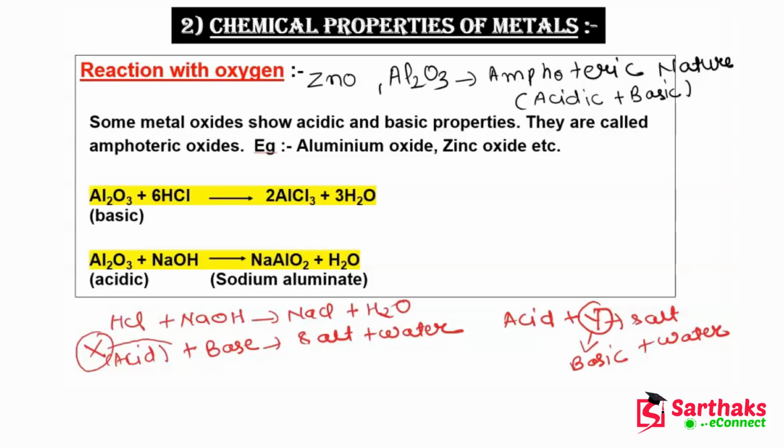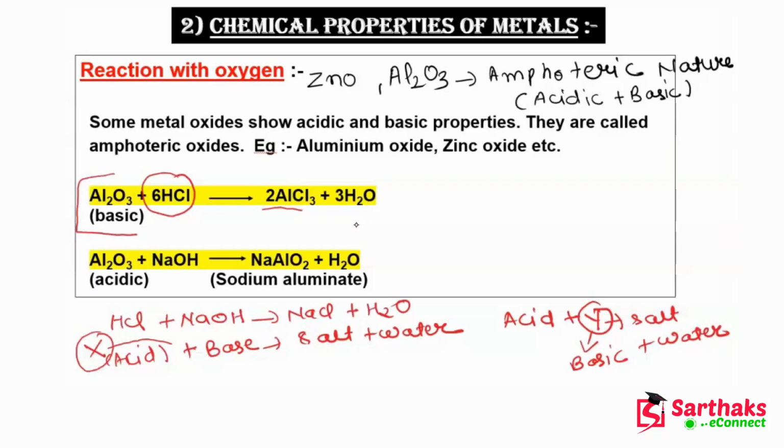So guys, you can see in this reaction where Al2O3 is reacting with HCl, it is forming AlCl3, which is aluminum chloride, and also it is forming water.